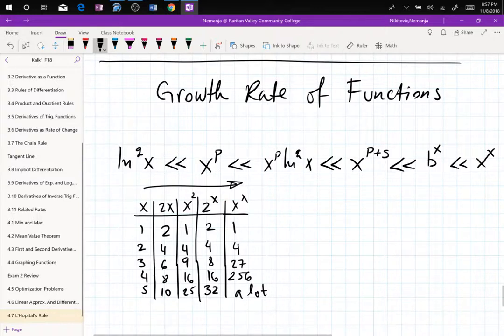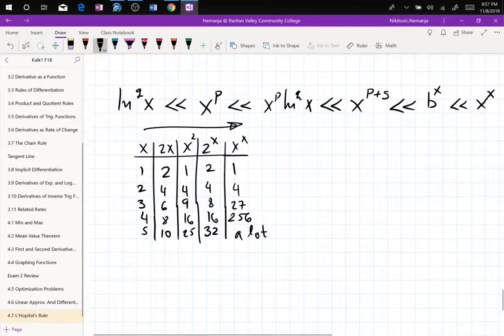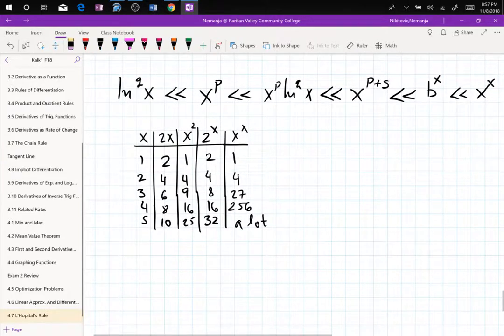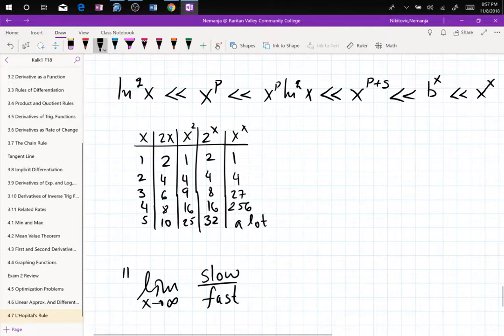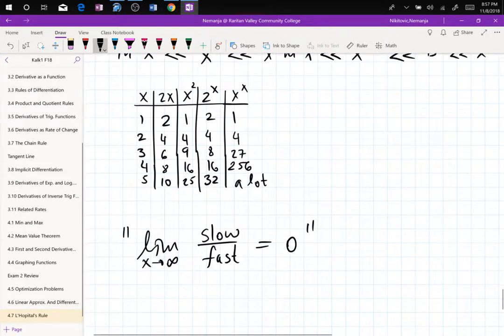So now why is this really cool for limits? Because, in quotation marks, this is not official mathematical notation, this is me just talking over here: the limit as x goes to infinity of slow over fast, because they're all on this scale somewhere in that long line up there, slow over fast is going to be 0 all the time.